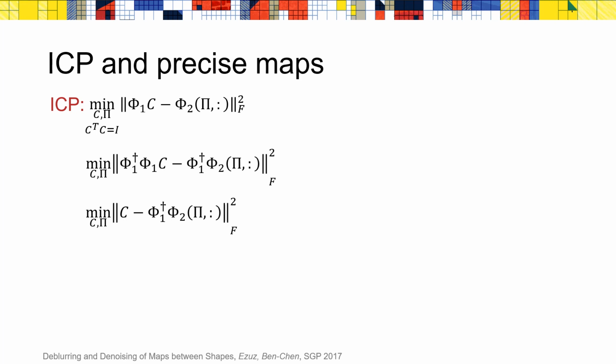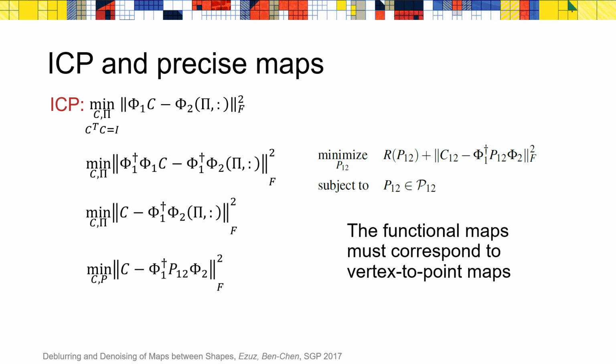Finally, if we represent the point-to-point map as a permutation matrix, we can write it as in this equation. And this is actually what is used in the minimization proposed in 2017 by Daniel Jesus and Mira Ben-Hen.